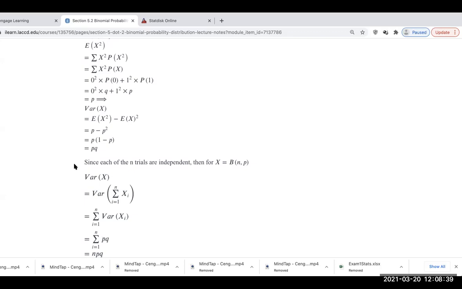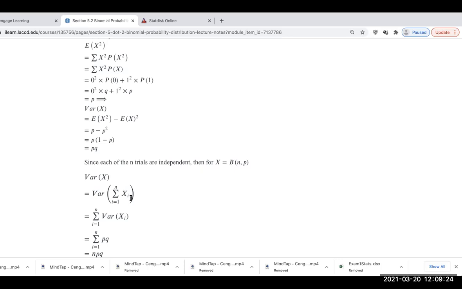Since each of our n trials are independent, the variance of the sum from i equals 1 to n of X sub i for each of your trials is, by what we proved earlier this morning, well, actually we only proved it for 2. You can prove it for n of these using mathematical induction; I'll have to do that next time, I forgot.